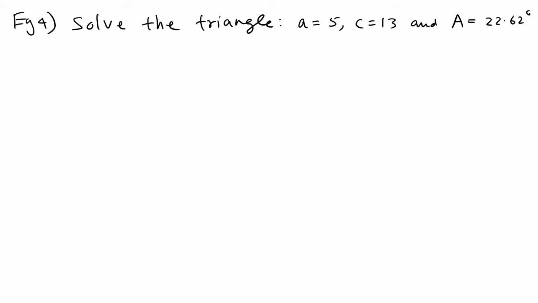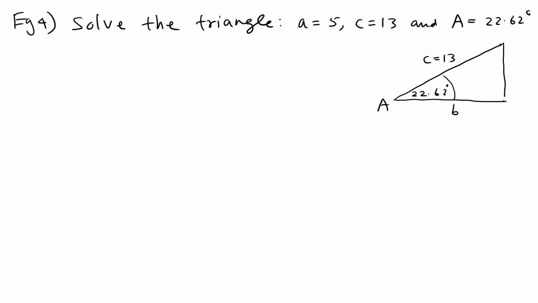Solve the triangle a equals 5, c equals 13, and angle A equals 22.62. If you draw the situation, we have c, which is 13, and then the angle A, which is given, 22.62.